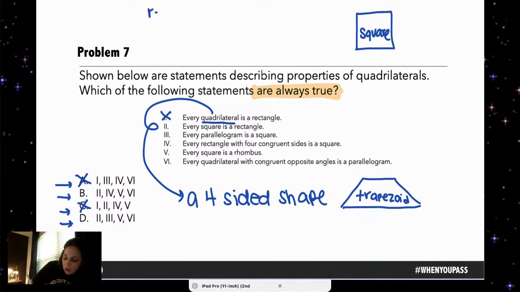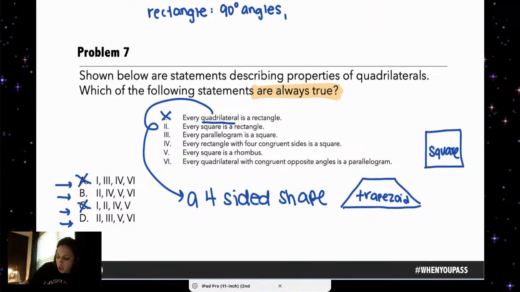A rectangle, by definition, has 90-degree angles and 2 sets of congruent parallel lines.